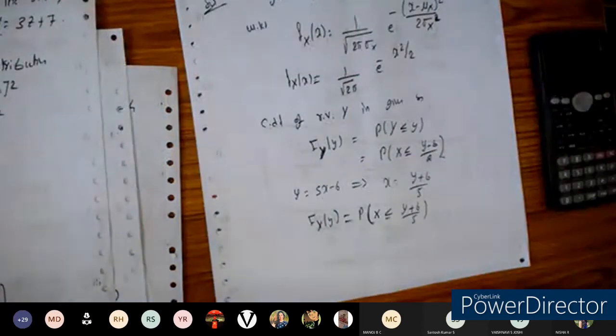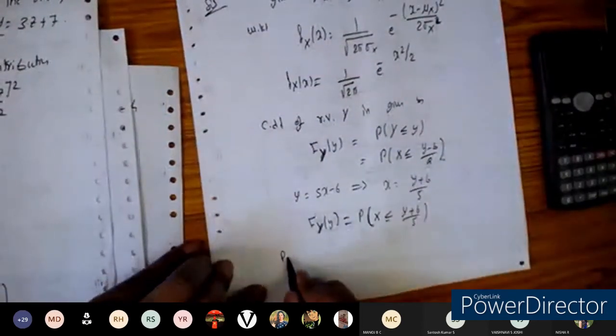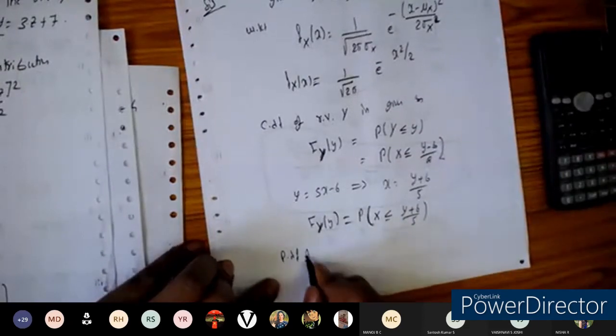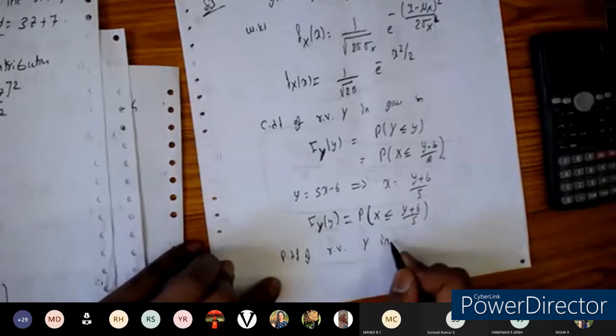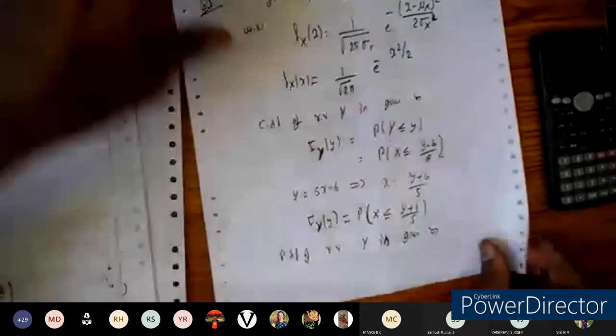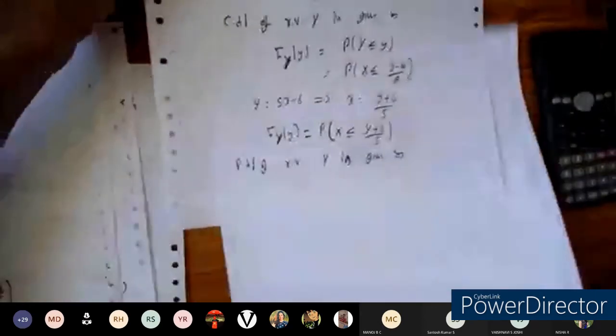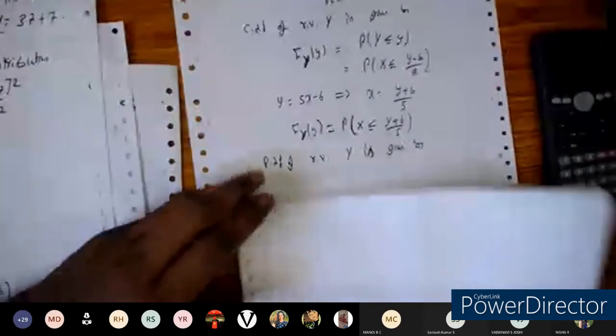Now the PDF of random variable y we need to find. By differentiating the CDF, we get the PDF.